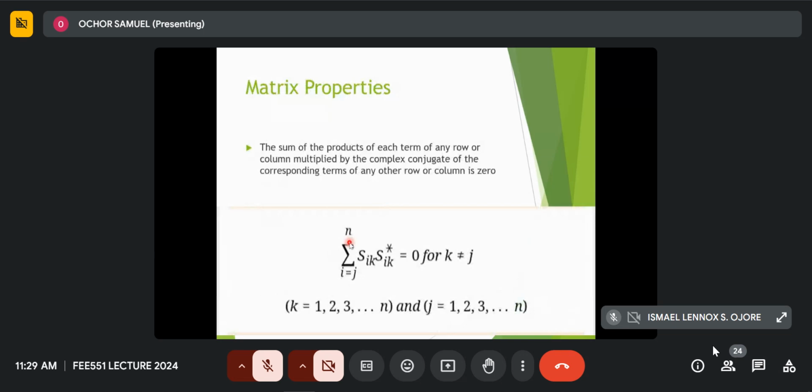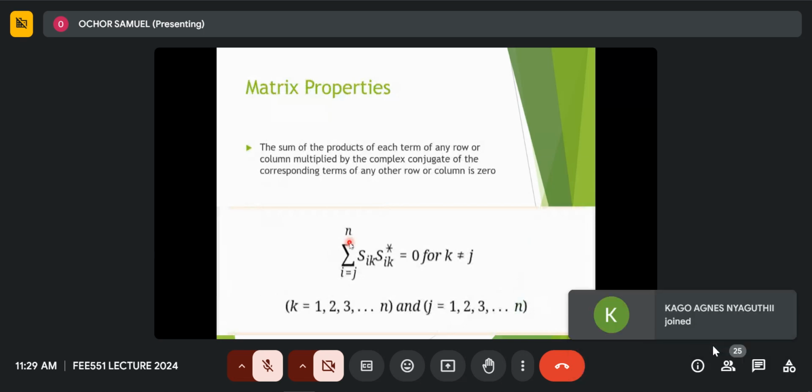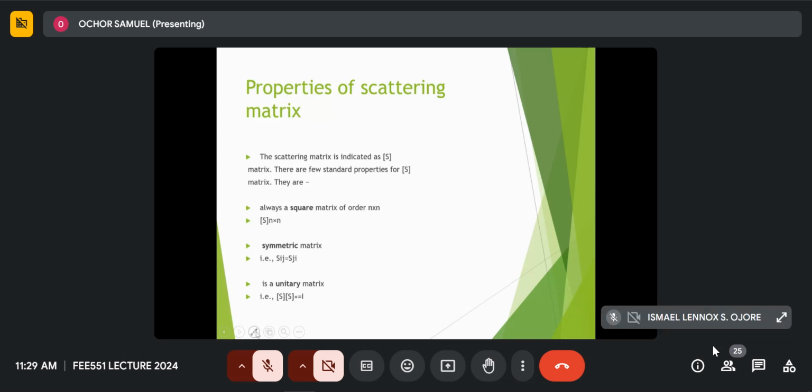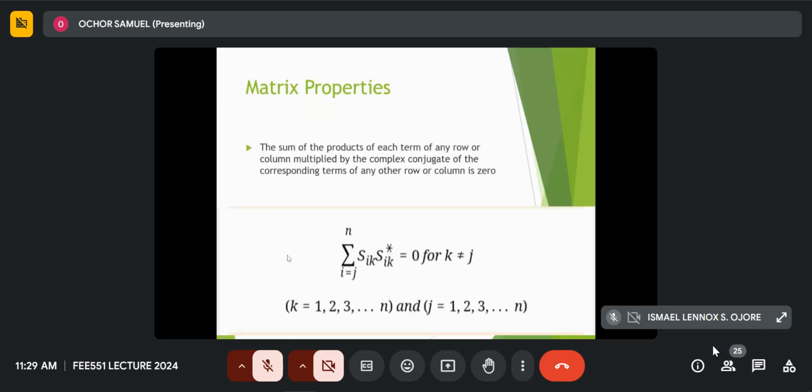Next, the other one is the sum of the products of each term of any row or column multiplied by the complex conjugate of the corresponding terms of any other row or column is 0.